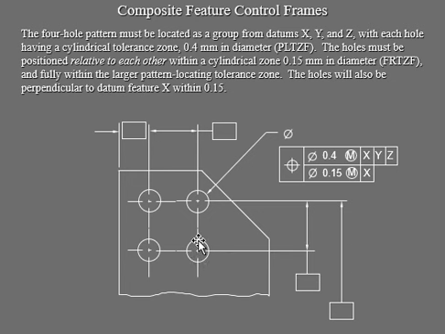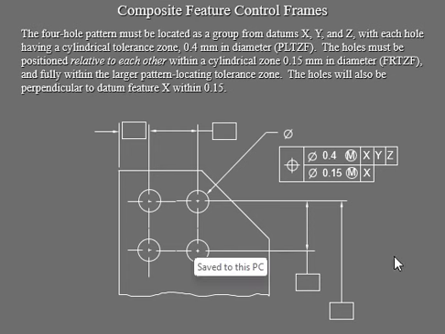For this example, it is located away from these datum XYZ like this. It's just like 0.4 away from each other. So that's what it's talking about: 0.4 millimeter in diameter for the pattern.